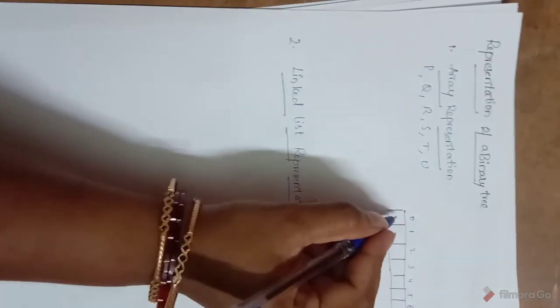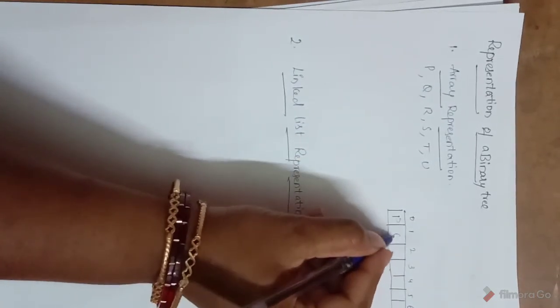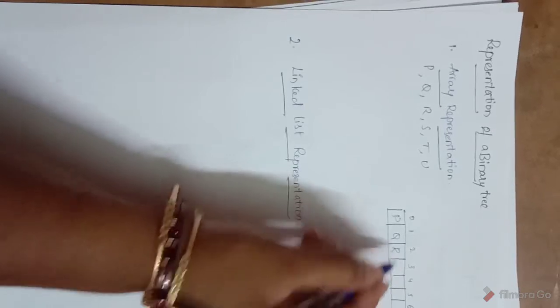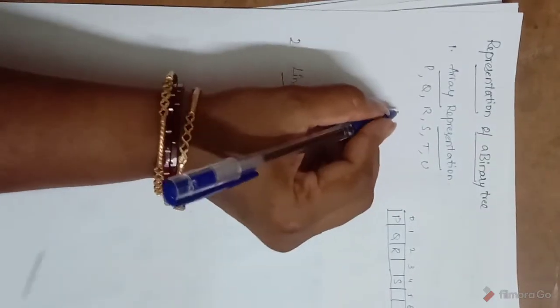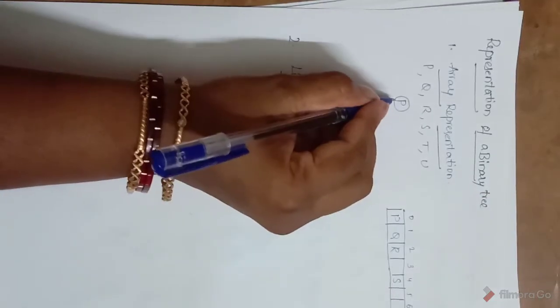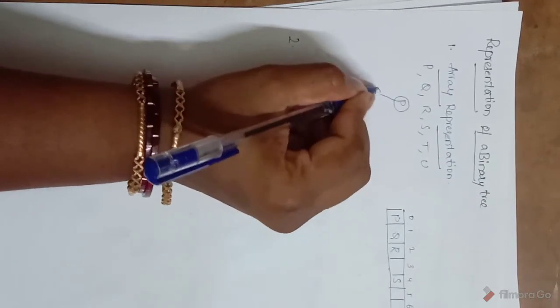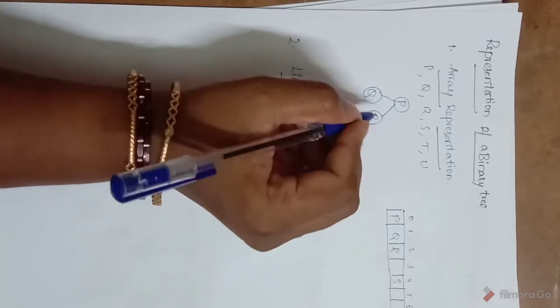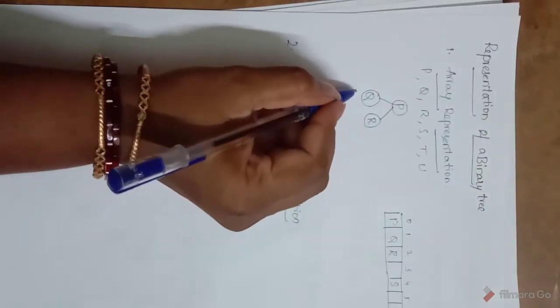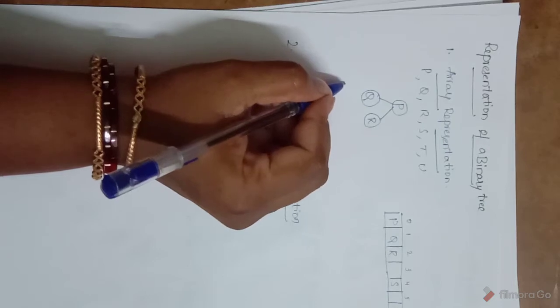We have the elements P, Q, R, S, T, U. Then we'll construct the tree like this. P, Q in the next position, R in the next position. Next we don't have an element over here.